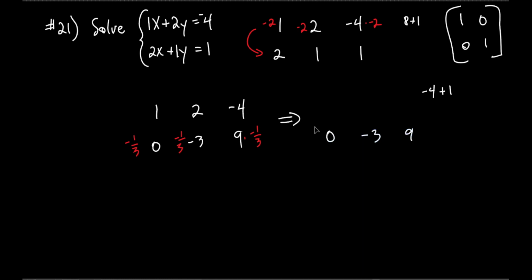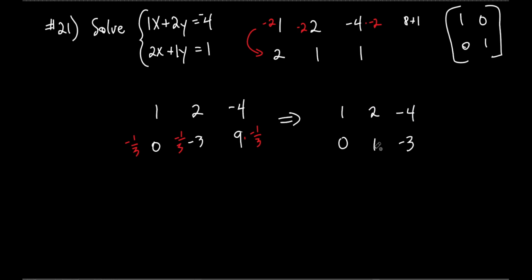Sorry about that. Let's get rid of this. All right. So what's negative 1/3 times 0? It's 0. What's negative 1/3 times negative 3? It's positive 1. There's our 1. And then what's this? 9 times negative 1/3, or 9 divided by negative 3? Negative 3. So that's all I did. I just multiplied it and didn't add to the top or anything else because I just wanted to change that to a 1. And then the top's going to stay the same.